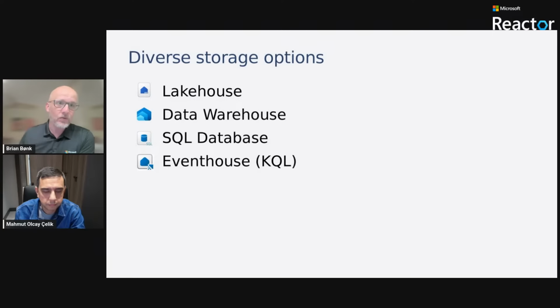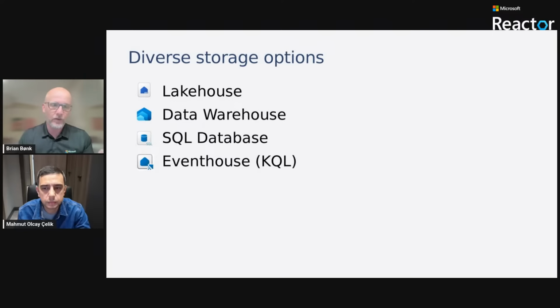Event House is the proprietary storage of Microsoft Fabric, not directly storing data in OneLake. You need to enable that explicitly when you work with the Event House. Just enable the option there, and then within a few minutes, the Event House data will begin to copy out to OneLake. And just know that the copy to OneLake is not live. It has a tiny gap from when the event is happening until it is saved in the Event House, and then onwards to OneLake.